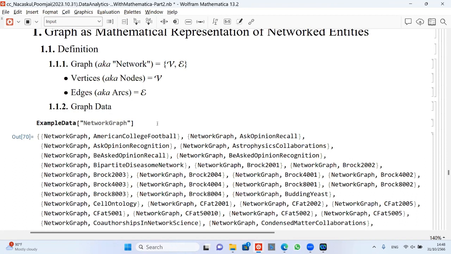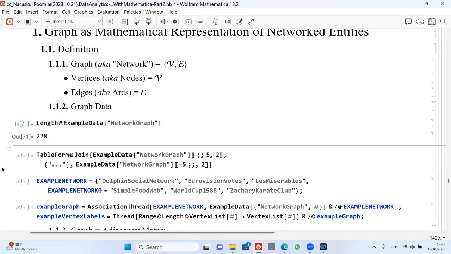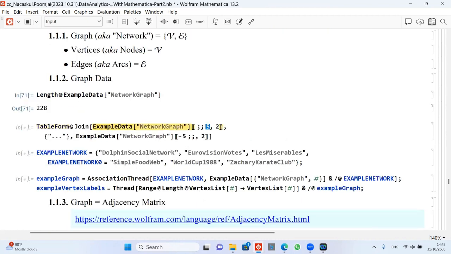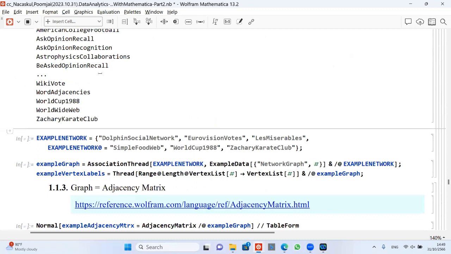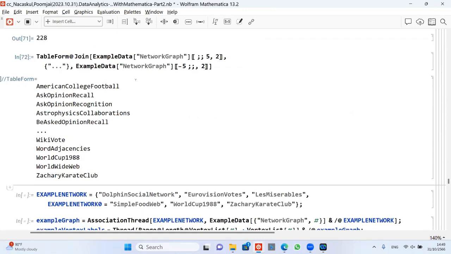So let's say I'm just going to look at this one here. I'm just going to join the first 5 and take the second element. So that's the name. I put it in table form. That's the first 5, and that's the last 5. But there are 200 of them.